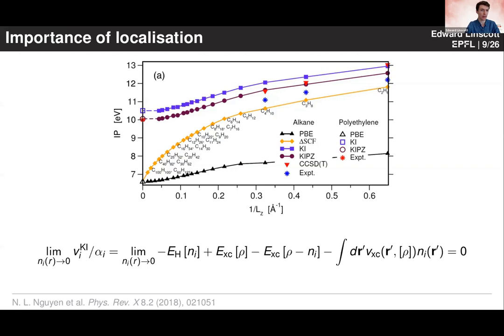And so this will give us the correct results in the bulk limit. And here you can see when you compare to experiments, KIPZ has a very good ionization potential of polyethylene. And here, the reason why these curves don't converge on the PBE result is precisely because we're applying these corrections to the localized orbitals.